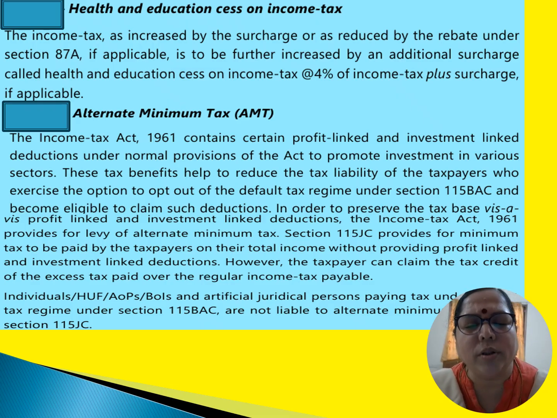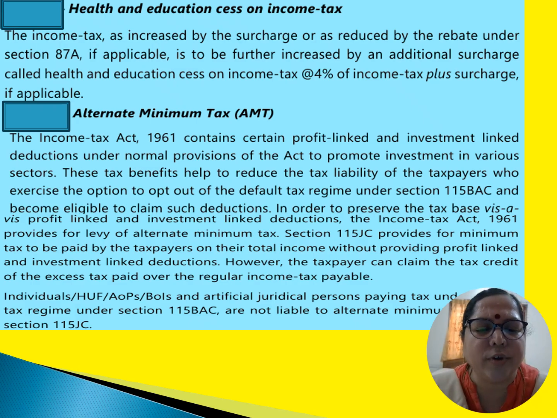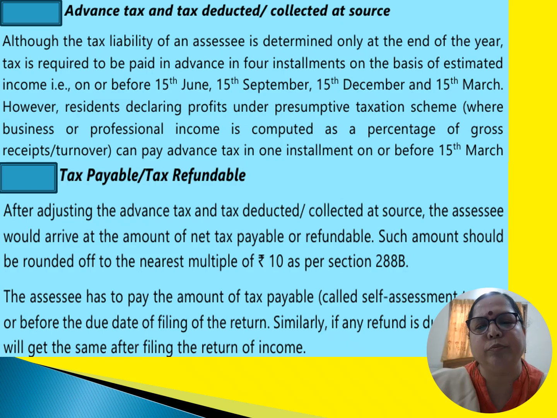Now it is up to the individual assessee whether to opt for the old scheme, the new scheme, or to have alternate minimum tax, etc. Individuals, HUF, AOPs or BOIs and artificial juridical persons paying tax under the tax regime under section 115BAC are not liable to alternate minimum tax under section 115JC.